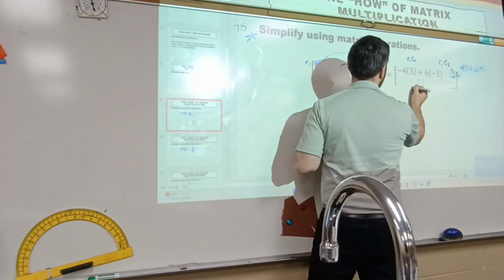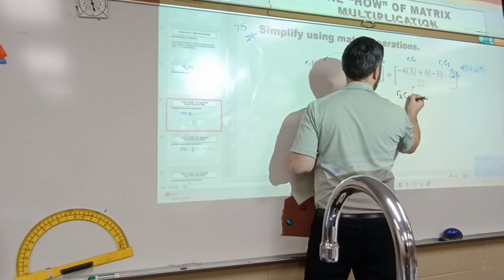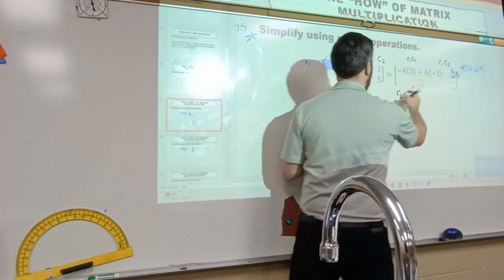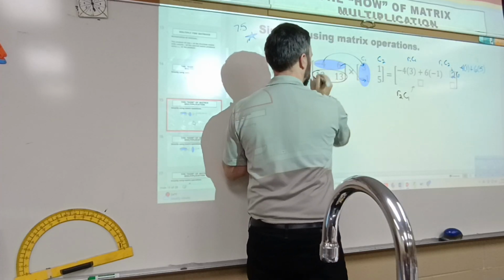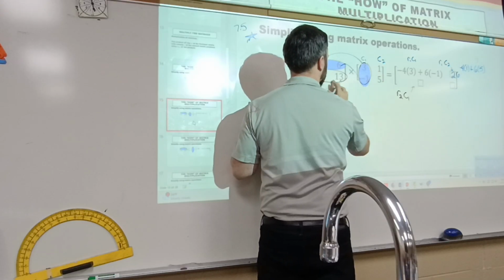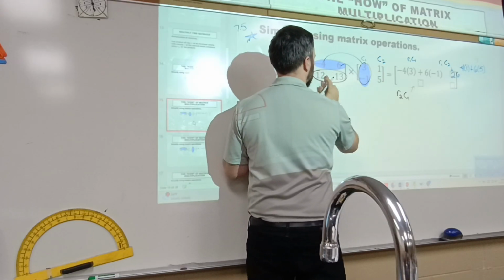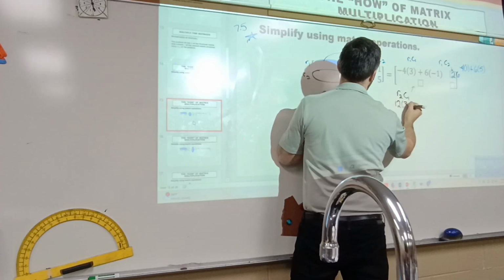So now how am I going to find this row 2, column 1? Second row, first column. I'm going to use my row 2 times my column 1. Okay? Again, I'm not expecting you guys to get this first time. That's okay.